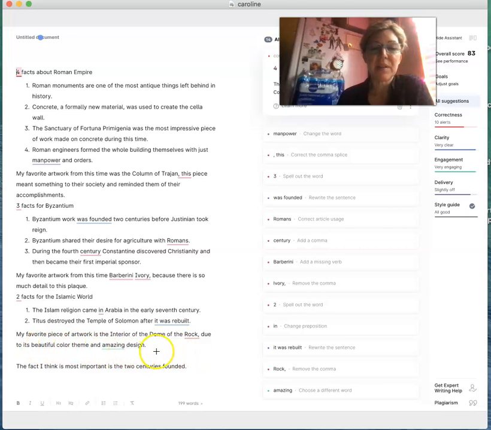Okay, now color and design are good terms to talk about in art, but I would like to hear some specifics. The fact I think is most important is the 2 centuries founded. Okay, this sentence does not make sense. I mean, I have to really think about what you might be talking about, but I'm not sure. It's not specific.